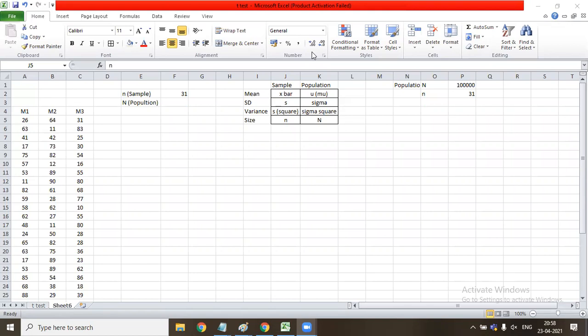Then it will take M3, and the variation within M3 came again as 5. As a next step, it will take the variation of M1, M2 and M3 together. Let's say it came to 6.